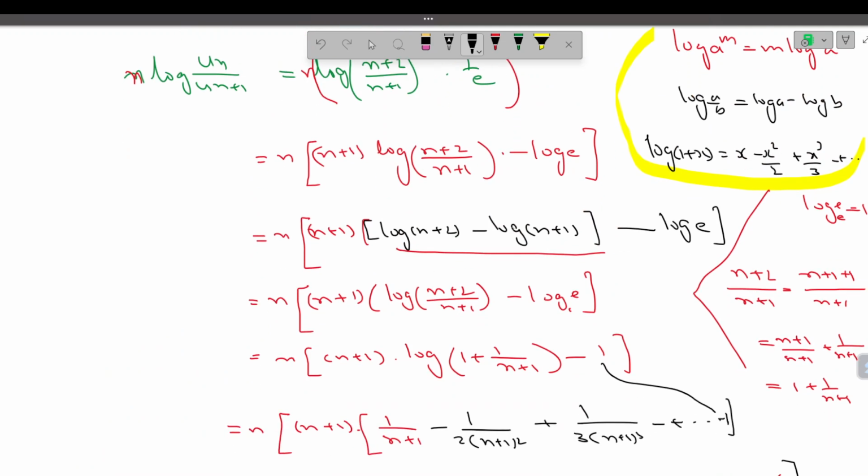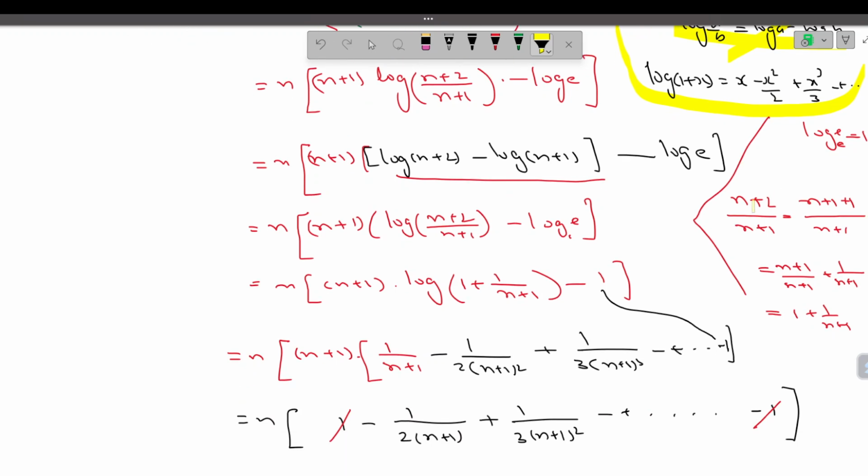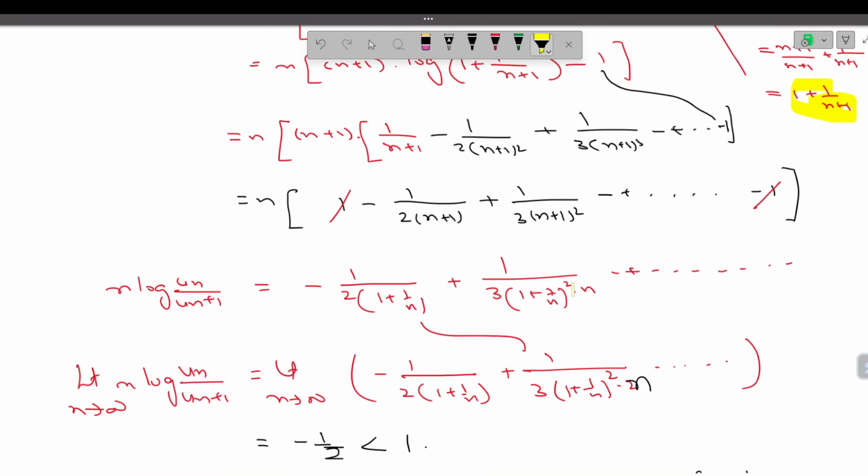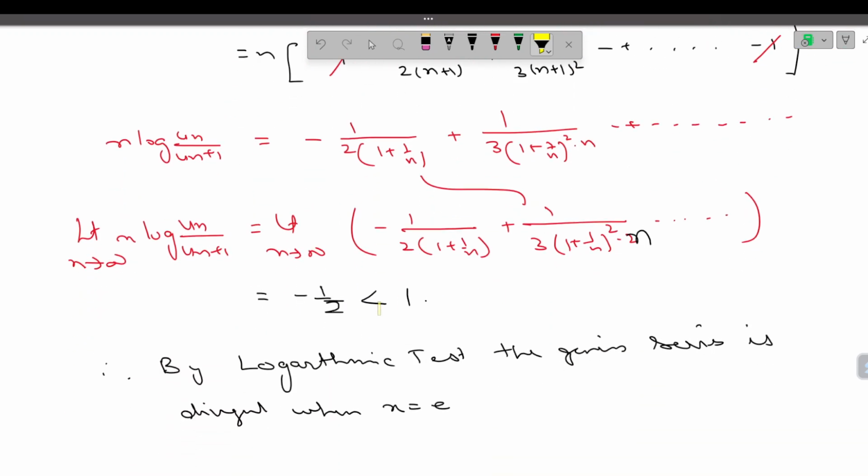And here we did not use this one. We adjusted this n plus 2 by n plus 1 into 1 plus 1 by n plus 1. Then after that we applied log. So then 1 by 2 is less than 1. Therefore the given series is divergent by logarithmic test when x equal to e.